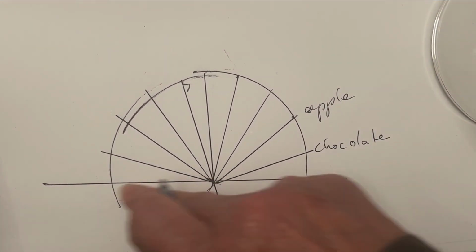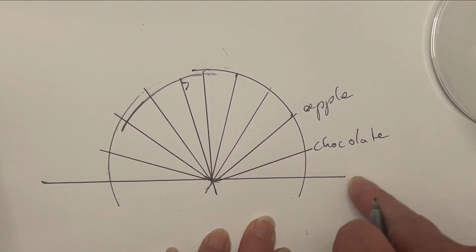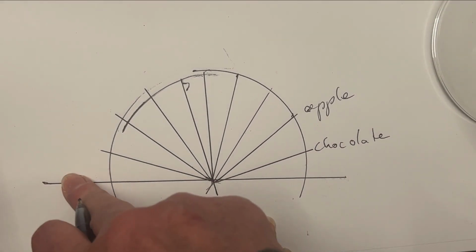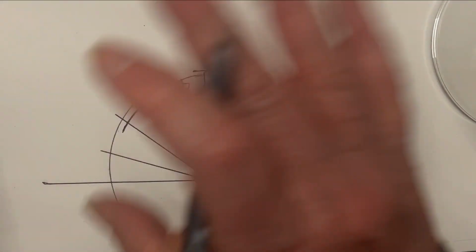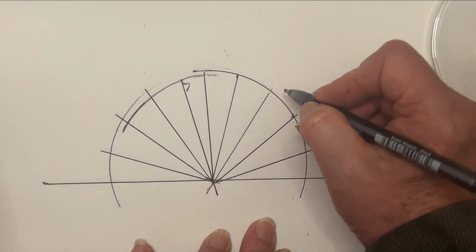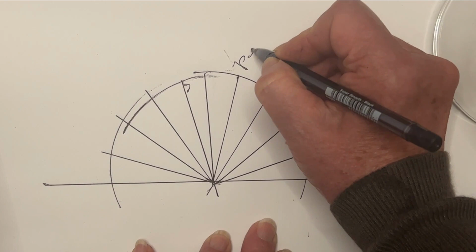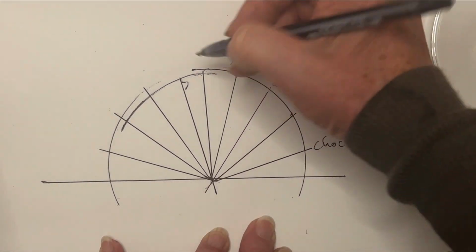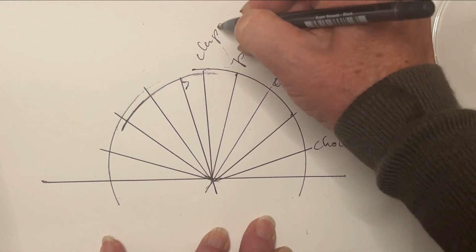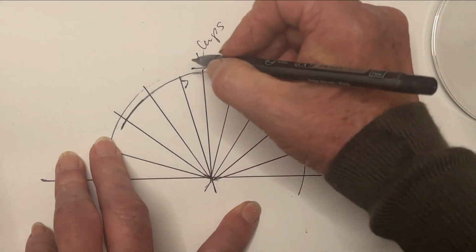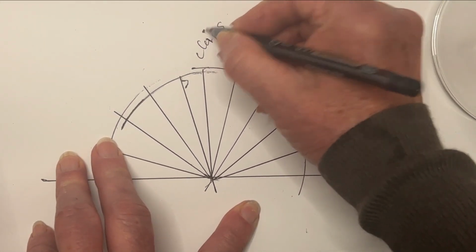You don't want to use the bottom one, because then if this is orange and that is pear or something, you don't know which is which. So, apple, orange, what did I say, pear? Yeah, it could be chips.